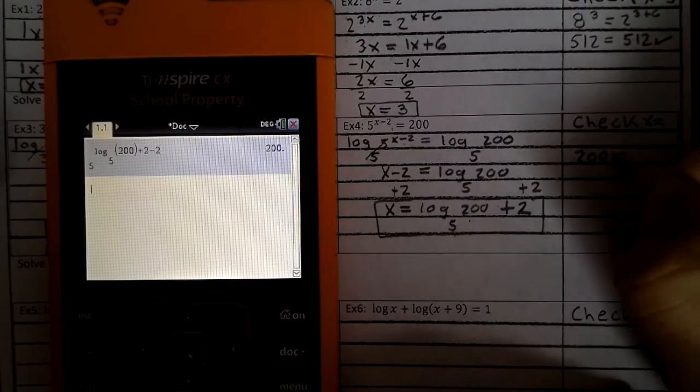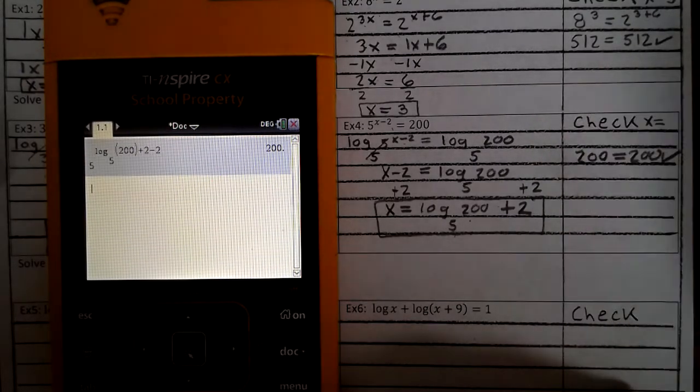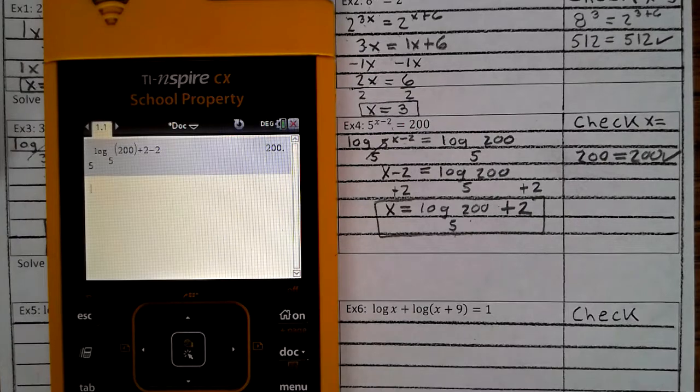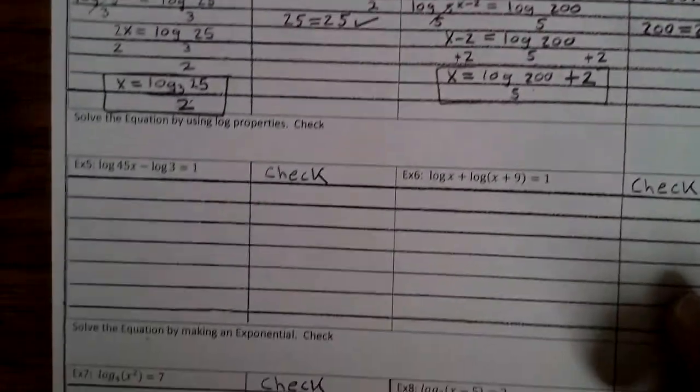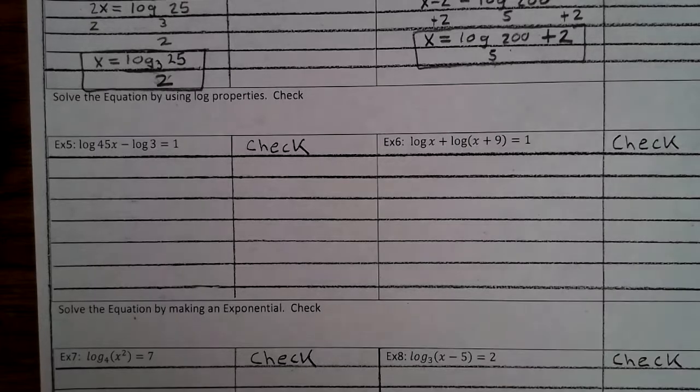Okay. All right, now let's take a look at example 5. It says solve the equation by using the log properties. All right, so let me go ahead and just give you the log properties that you'll need to assist you.